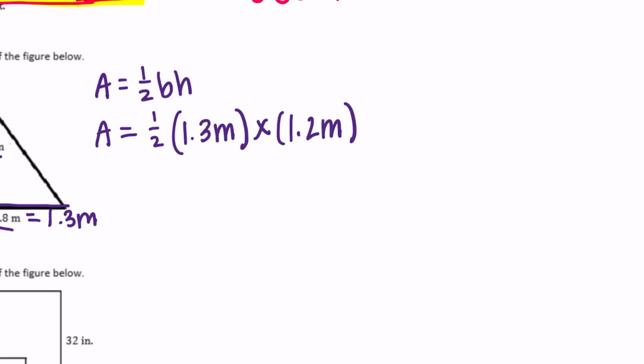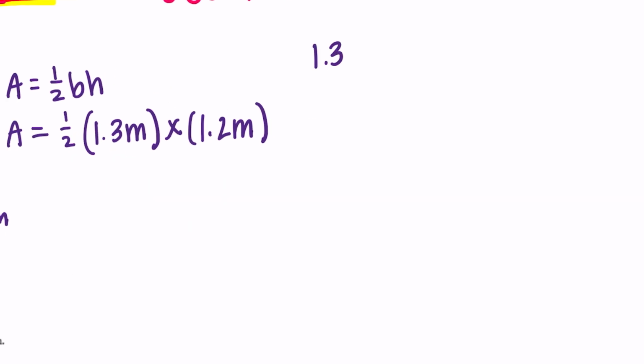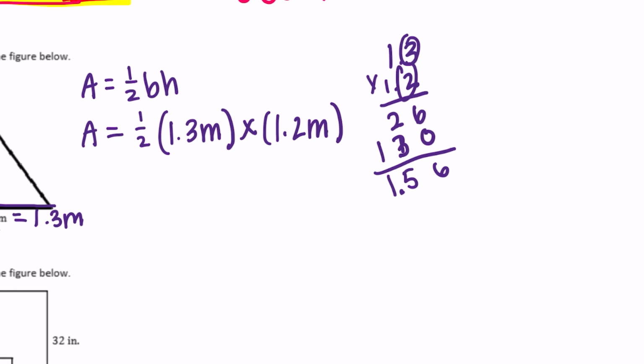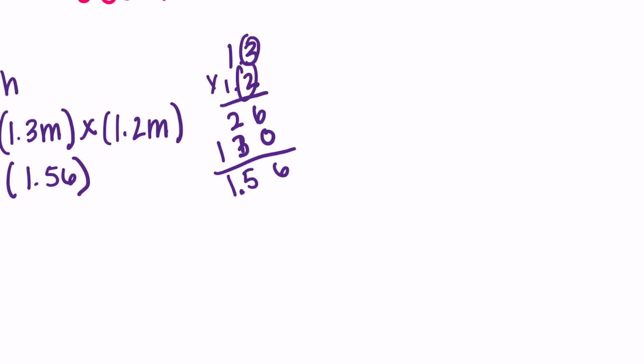So we need to do 1 3/10 times 1 2/10. Two digits behind the decimal points, move it over 2 places. We get 1 56/100. So we have 1/2 times 1 56/100. So let's find half of that.